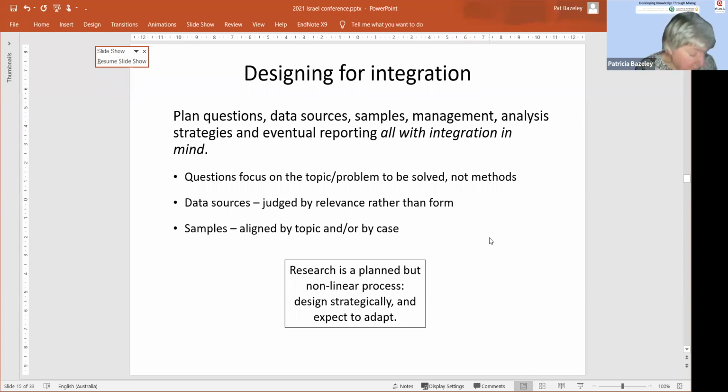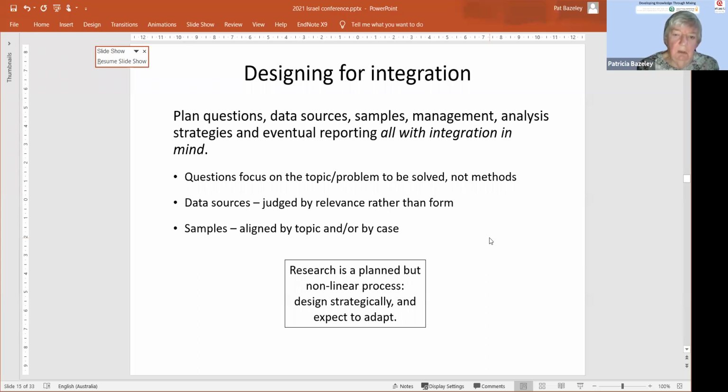The kinds of data you collect and the samples you collect them from may be covering different parts of the topic, but they will come together around the topic. So they each contribute to the topic as a whole.